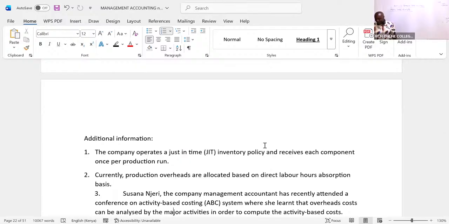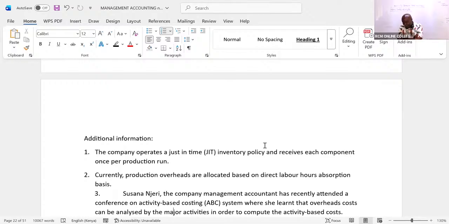I haven't yet taught you what we call inventory management, but whenever you hear of this JIT, what comes to your mind?